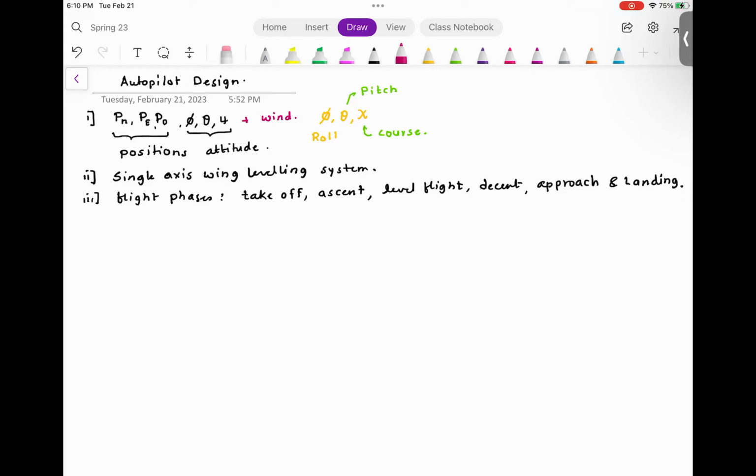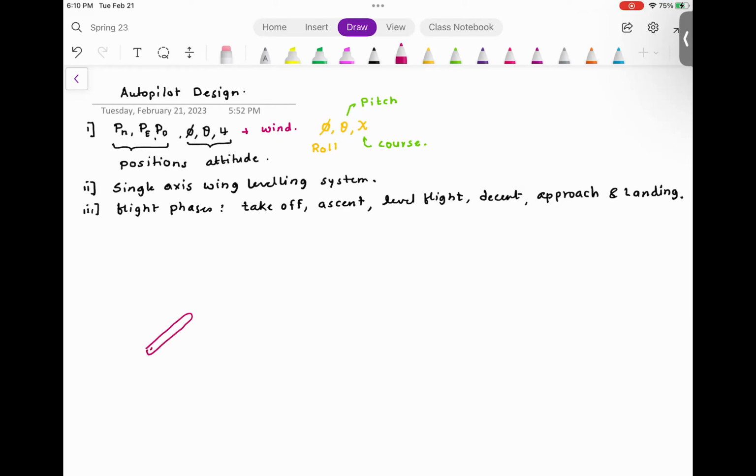Now, I need to specify, because we are going to open the flight control loop and look at each individual term. So for my own reference, let me specify what happens when the aircraft is flying. Let's consider that this is an aircraft.